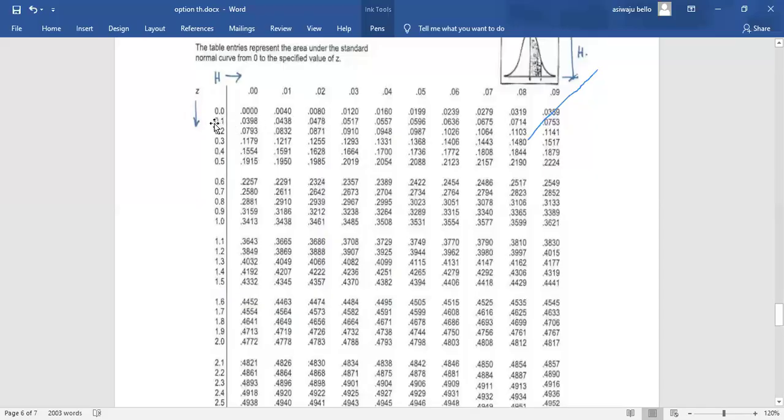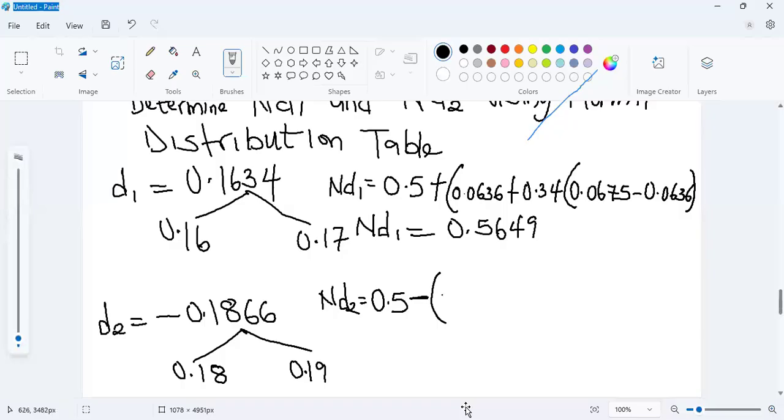That gives us 0.0714. 0.0714 plus, we have checked 0.1 to 8. We are left with 66.